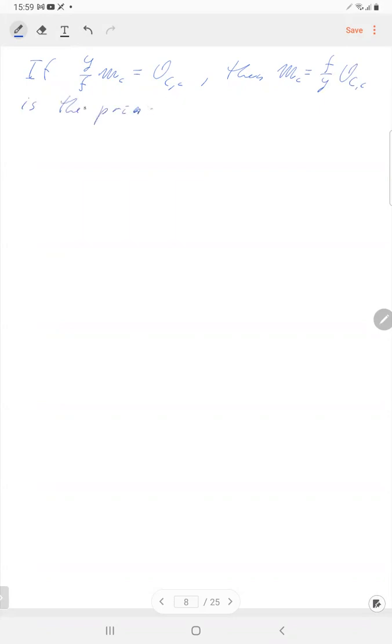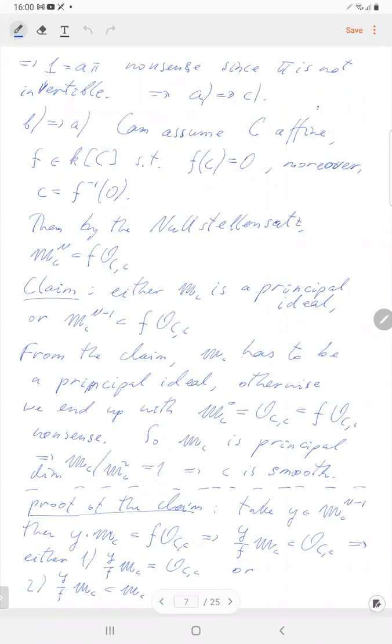That's what I want to prove. So it's good. And otherwise, we have the second possibility. The second possibility is that this ratio times maximal ideal lies in the maximal ideal, for all our choices of y.